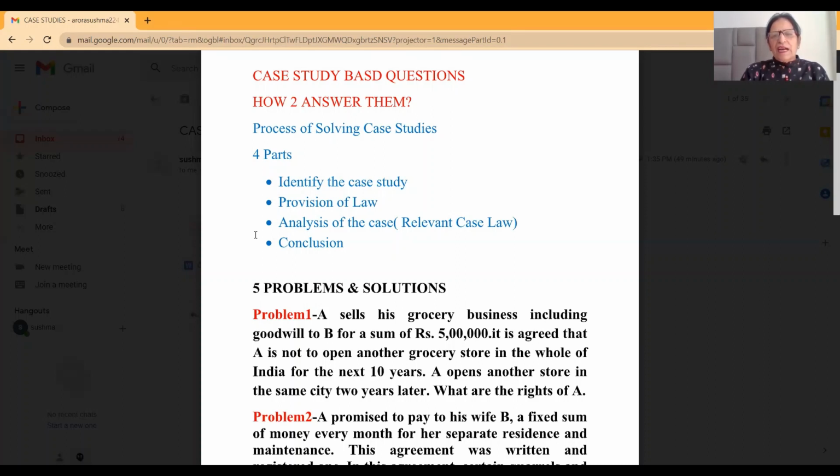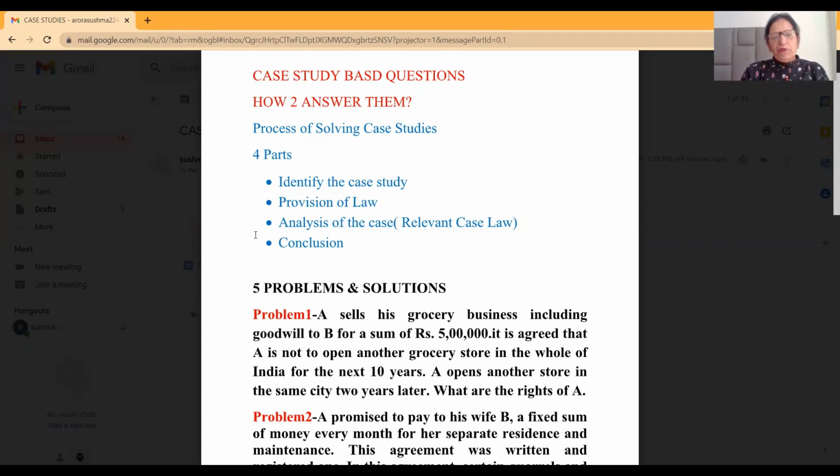Remember, no case studies are asked from the LLP Act or the IT Act 2000. These are the three acts: ICA, special contracts, and the Sale of Goods Act. From these acts, case study based questions have been asked in the previous examinations of DU.